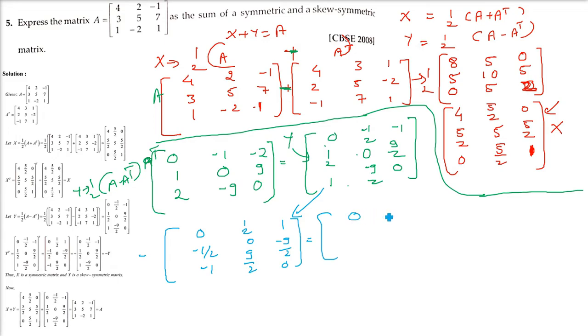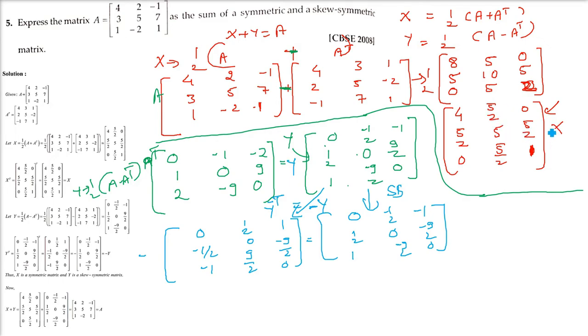What do you get? 0, negative half, minus 1 half, 0, 9 by 2, 1, minus 9 by 2 and 0. And these two are same. Y transpose is actually equal to negative Y, because minus we have already taken out. So Y transpose is actually equal to negative Y. This is a skew symmetric matrix. And we started with this one.